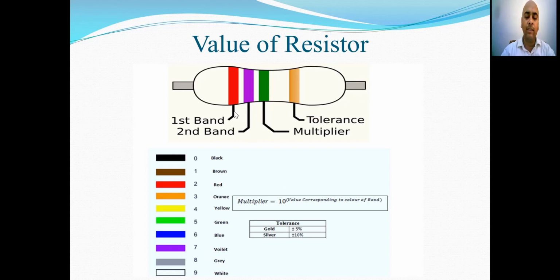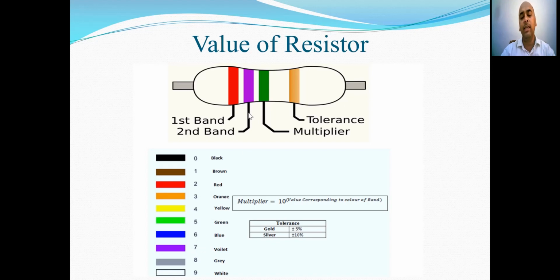So the first two bands indicate the value of the resistor in decimal. For example, in the slide shown, the first band is red, so its value is 2. The second band is violet, its value is 7.